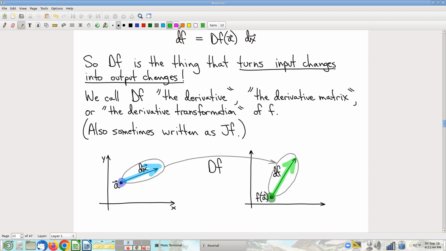And the thing that relates the input change to the output change is df, that matrix of partial derivatives, that I'll always refer to in the future as the derivative or the derivative matrix. What do you think? Anybody see?